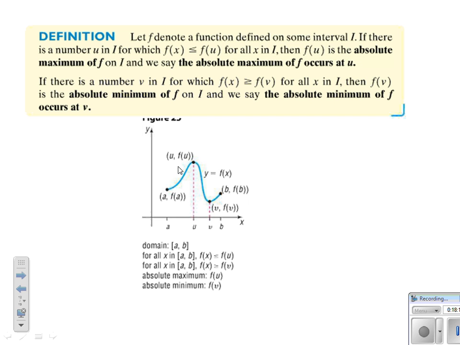In this case, our domain is from a to b included, and our absolute maximum is at this u value for x, so it's at f of u, and our absolute minimum, where nowhere else on our graph is it this low, is at v comma f of v. So this is the picture version of these words.